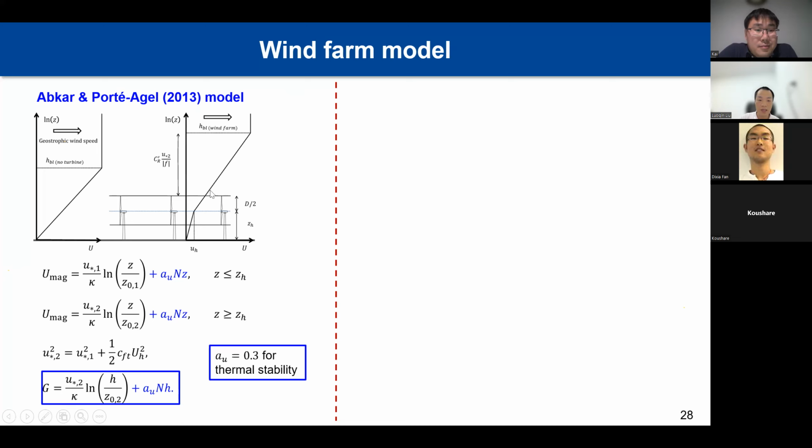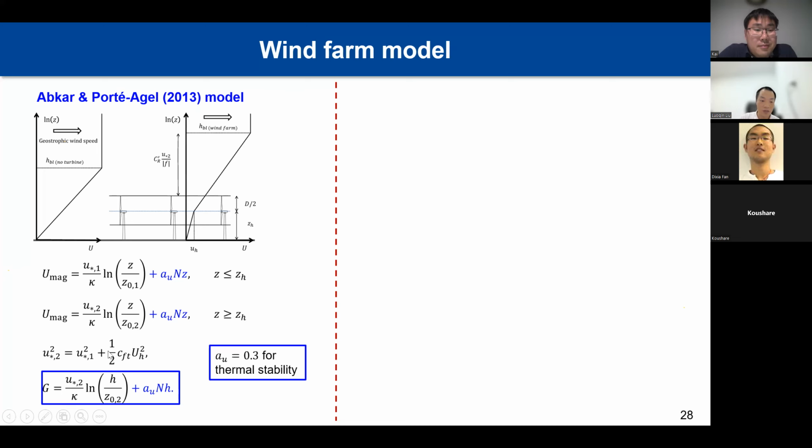But we know that the log law itself works very well in the surface layer, and we also know from wind farm flow physics that the turbines will slow down the wind in the turbine region. And we also know that the log law is not valid in the whole boundary layer.